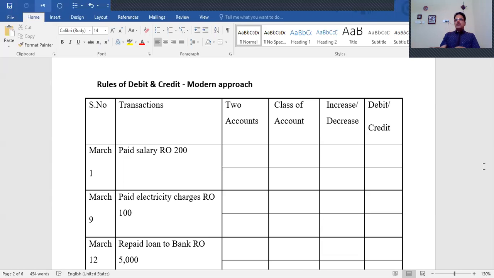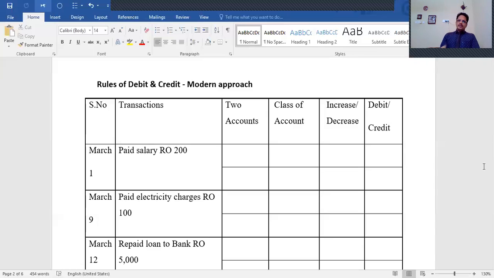When increasing, they will be debited, and when decreasing, they will be credited. Or when you debit assets and expenses, they increase; when you credit, they decrease. Then the rest of the 3, liabilities, equity or capital, and revenue or income, are just opposite. When you debit, they decrease; when you credit, they increase. Or for an increase you have to credit, for a decrease you have to debit.